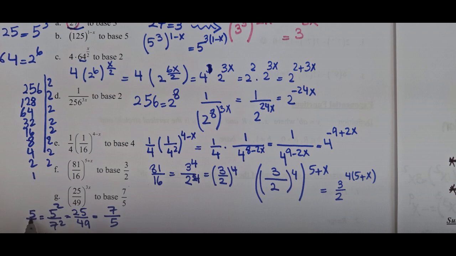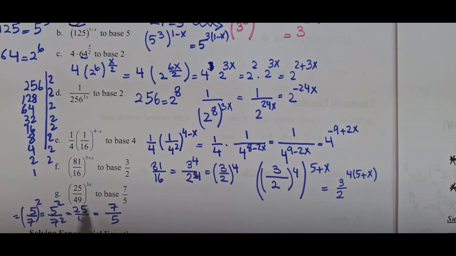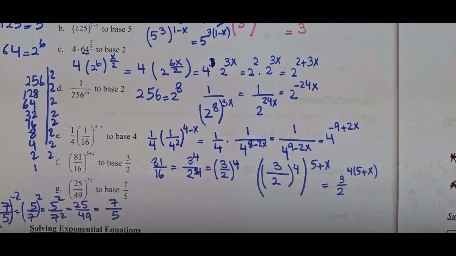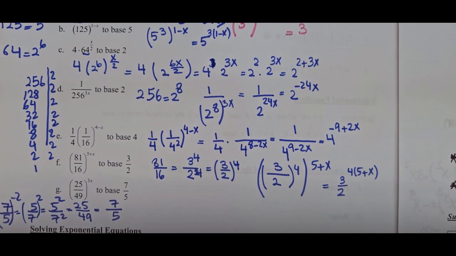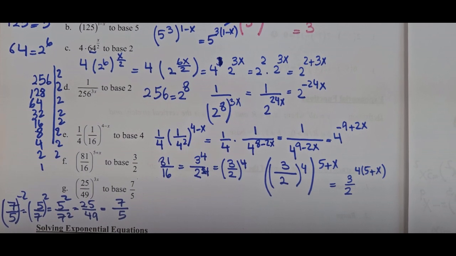So that would be 5 over 7 to the power 2. But remember, if I make this exponent negative, the base will be flipped, right? So I can write it down as 7 over 5 to the power negative 2. Do you guys agree? So 25 over 49 would be 7 over 5 to the power negative 2.